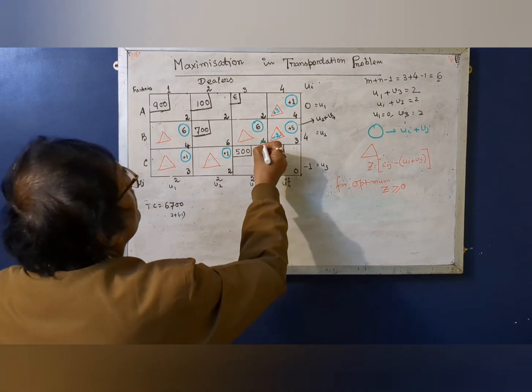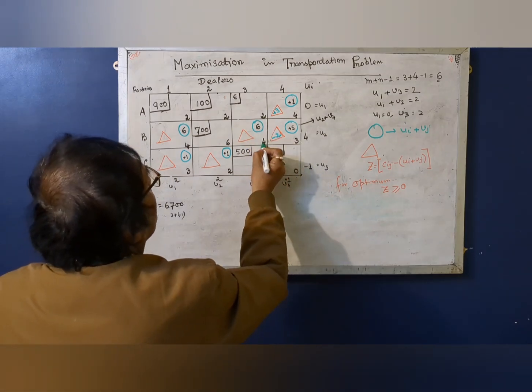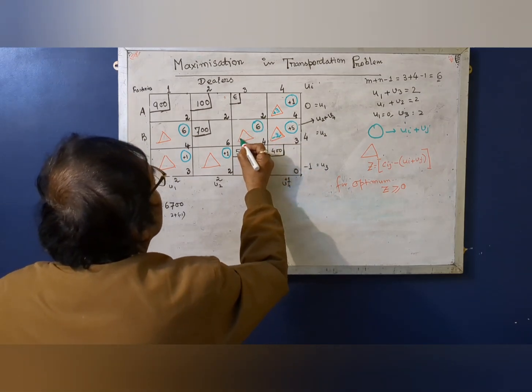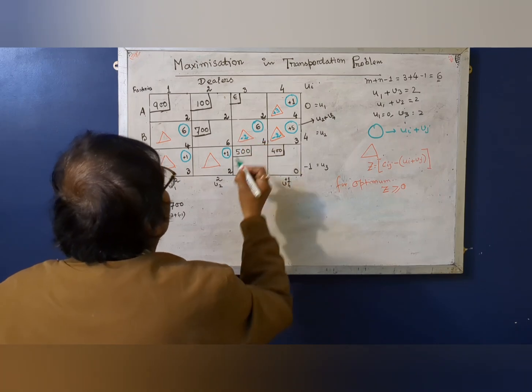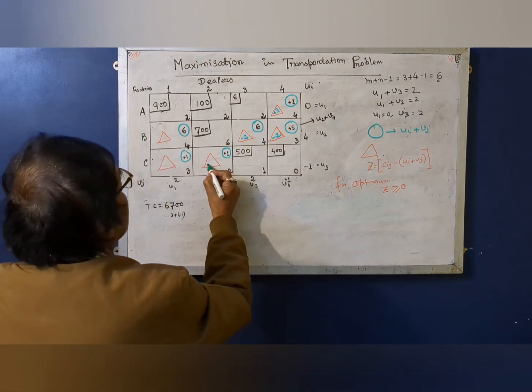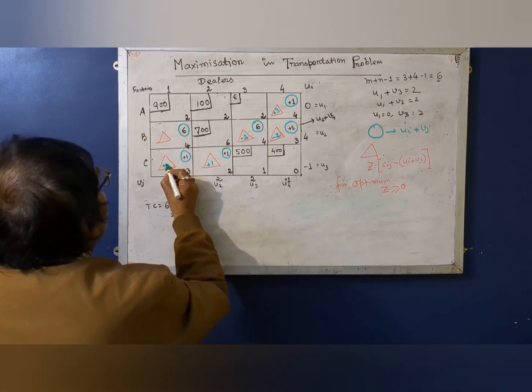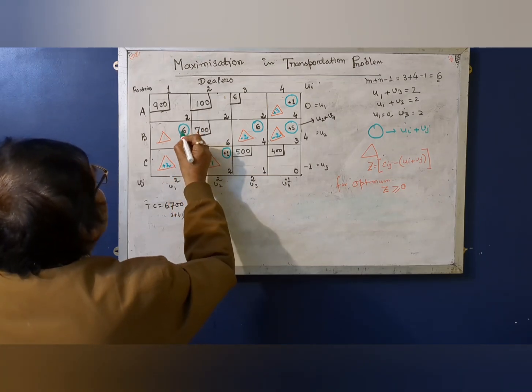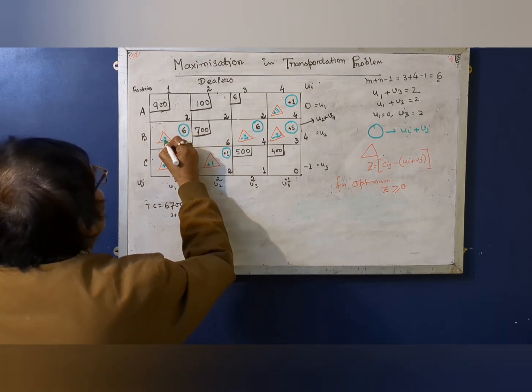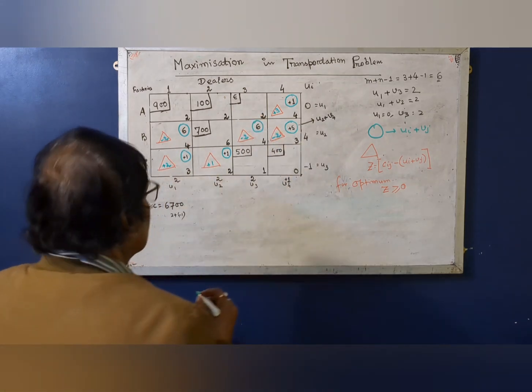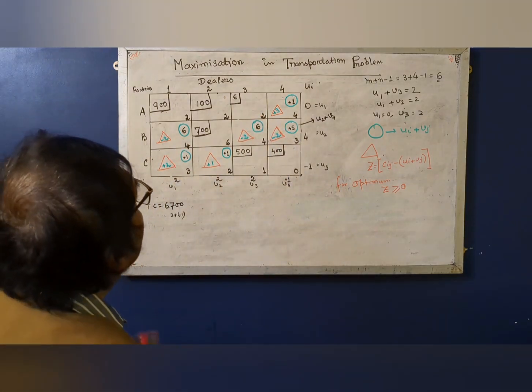And for this, 4 minus 6, cost minus (ui plus vj), that is minus 2. And 2 minus 1, that is plus 1. 3 minus 1, plus 2. And 4 minus 6 means minus 2. In this way, you have to find out the net evaluations for all the cells.